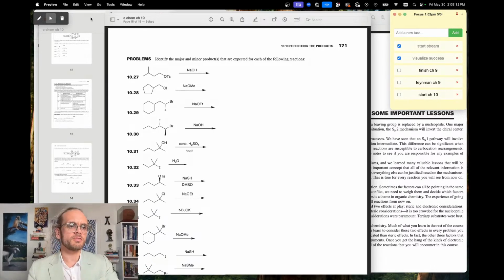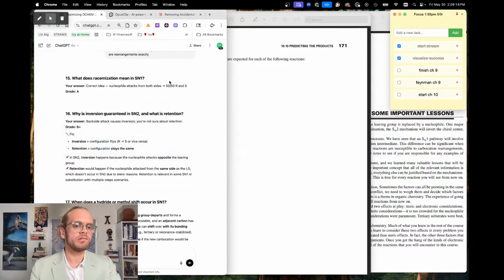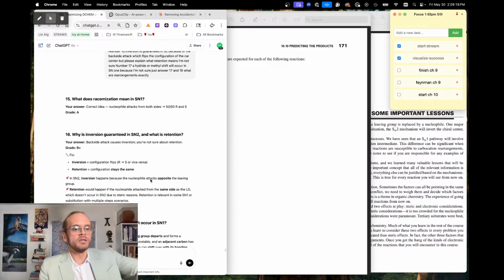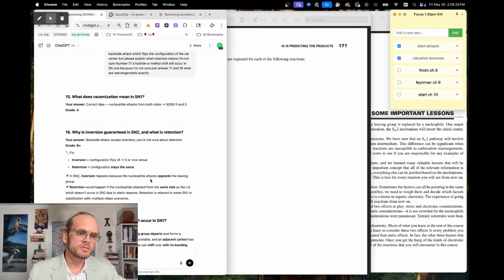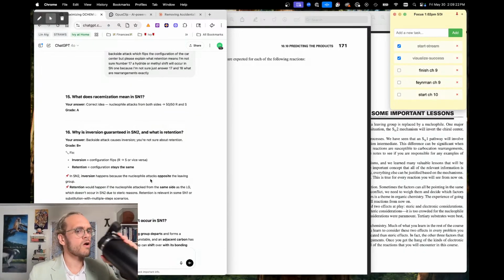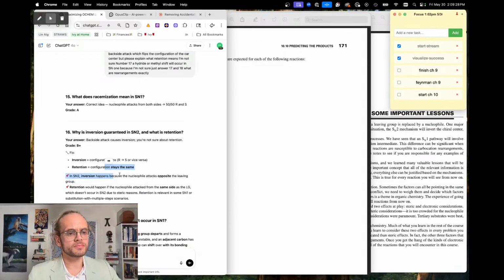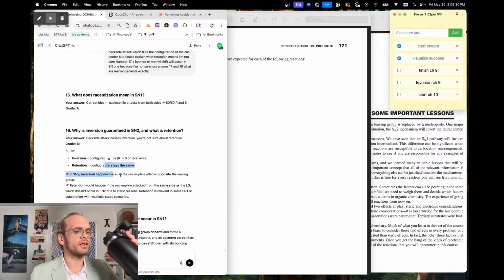I'm going to try something different for chapter 10, actually. So, nucleophile attacks from both sides, 50-50. Nice. Retention is configuration stays the same. Oh, yeah.